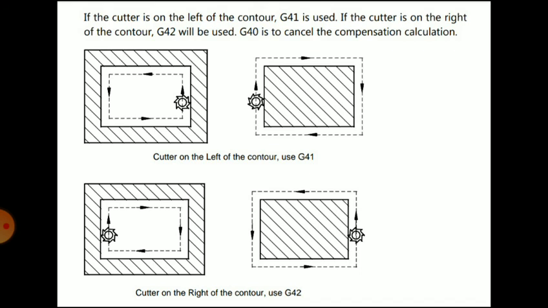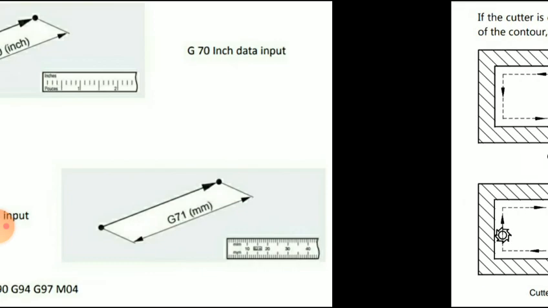If the cutter is on the right of the contour, G42 will be used. And G40 is to cancel the compensation calculation. Both diagrams show when to use G41 and when to use G42. You can watch the directions of the tool travel, and according to that you use either G41 or G42, and for cancelling the compensation, you can use G40.